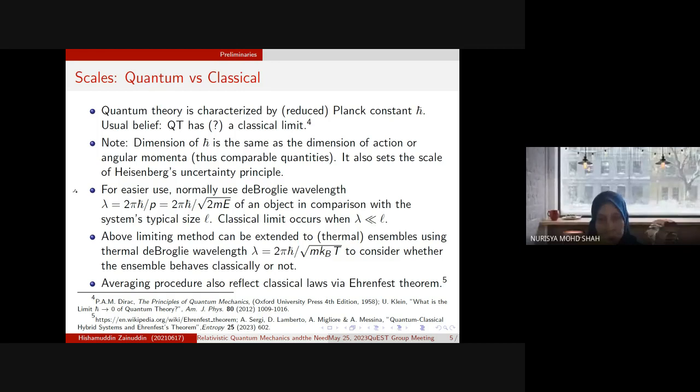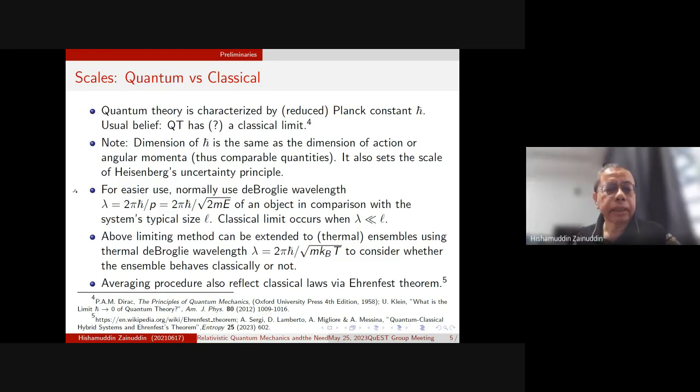So, as I said, this is not as elegant as the one with relativity, because here you're not comparing with some fundamental constant. Nevertheless, it's the kind of intuition that we get.